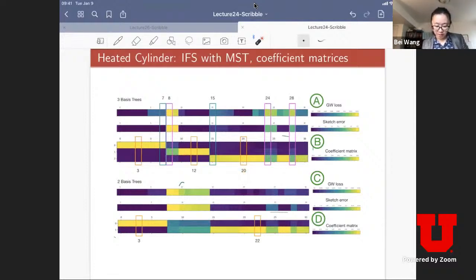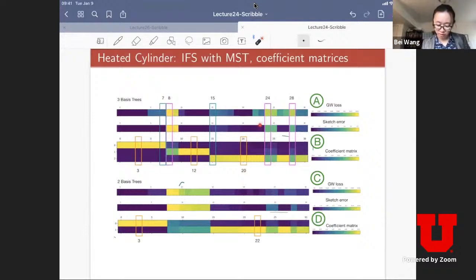But what's interesting is also when I look at the error, this is the element-wise error for both the sketch error and the GW loss. Tree 8 is what I showed to have some structure variations, and 7 is the one where the sketched result is almost indistinguishable before and after sketching. So 7 has a relatively low sketch error and GW loss, while 8 has a pretty high element-wise sketch error and loss.